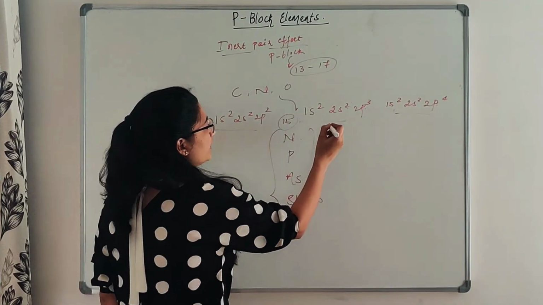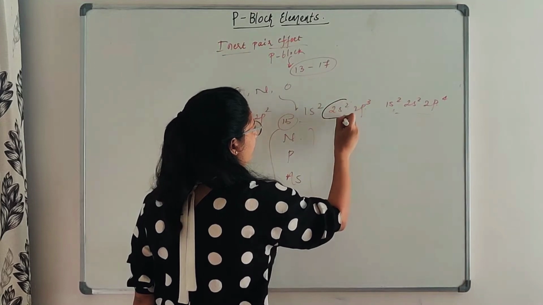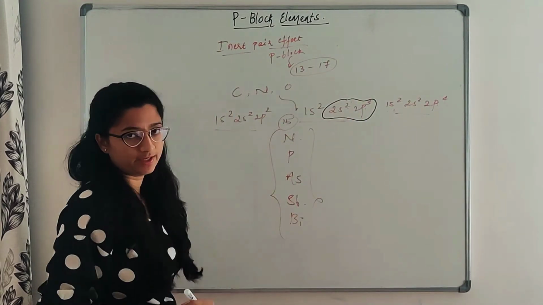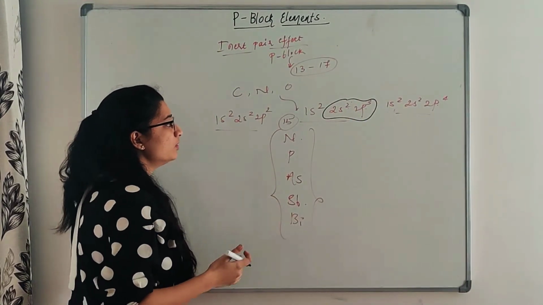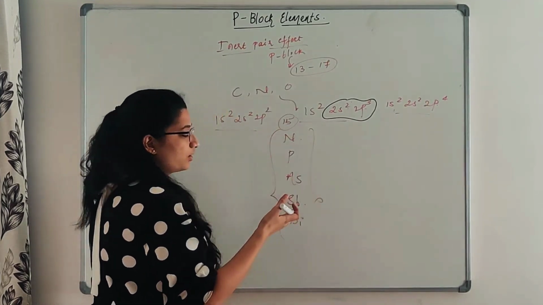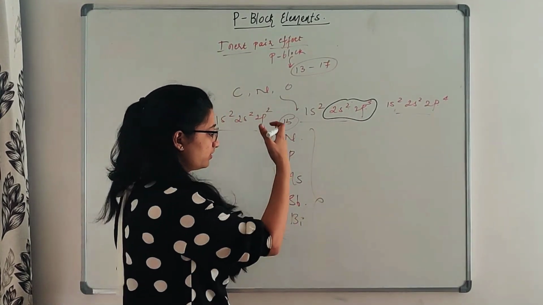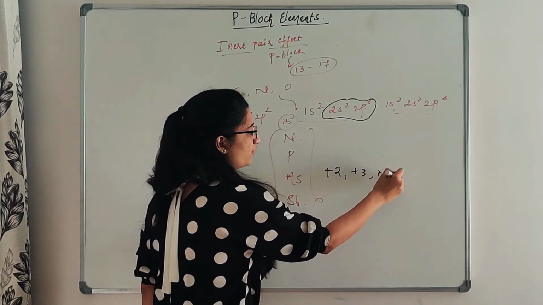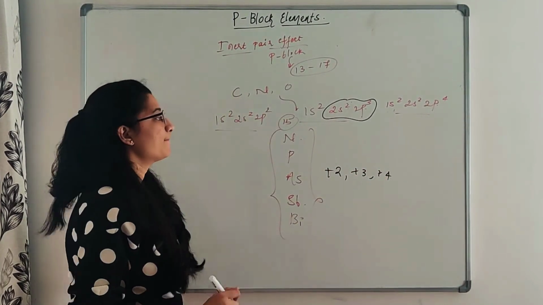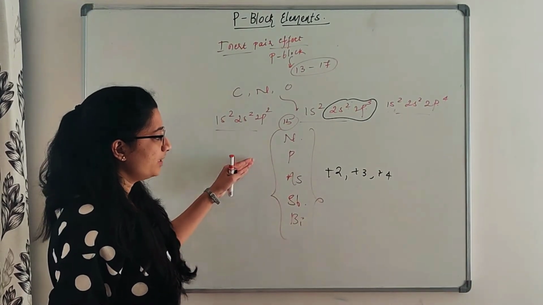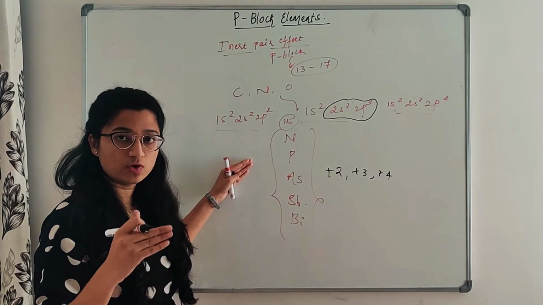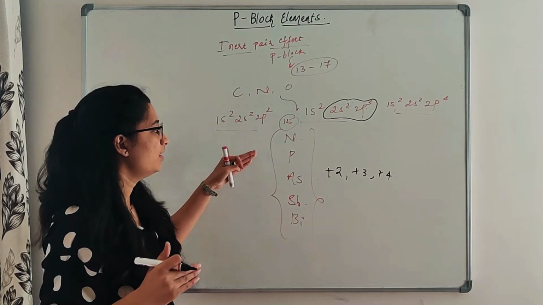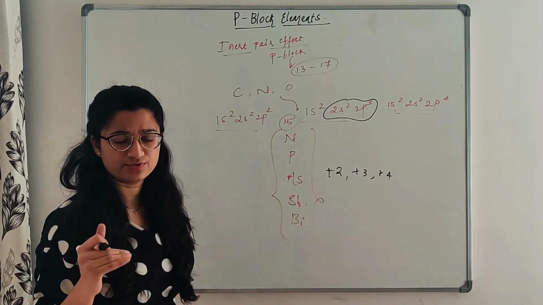So for nitrogen, I have written here, the valence electron count is 5. The oxidation states seen in this are +2, +3 and +4, like that. But the starting elements will show the oxidation states +3, +4 and +5.